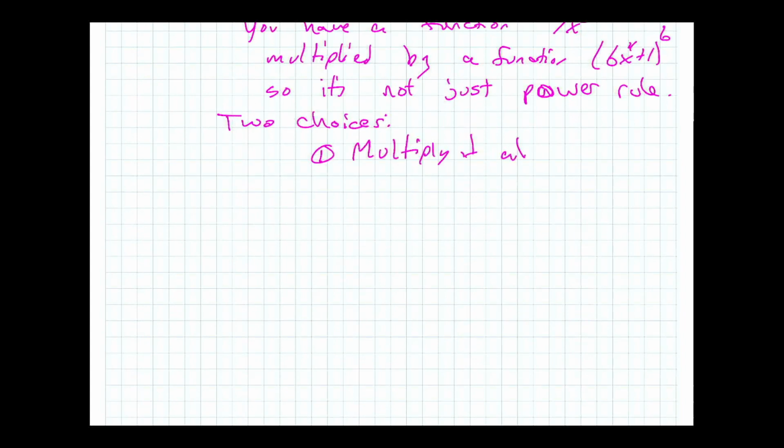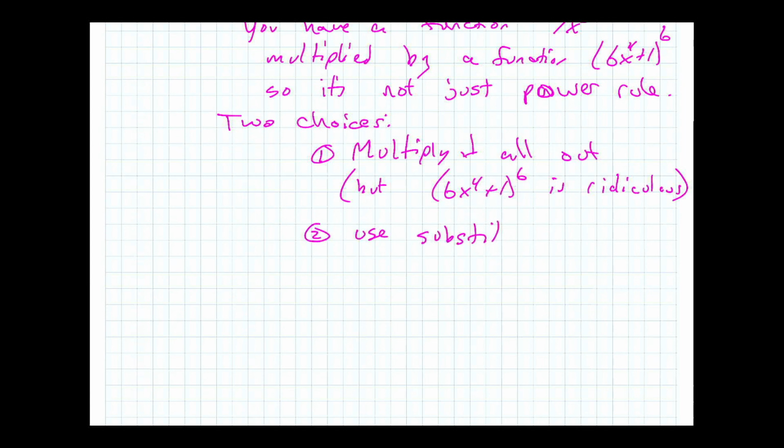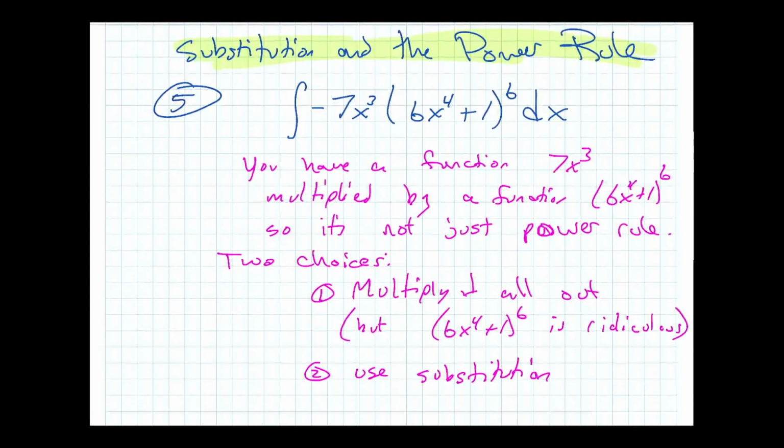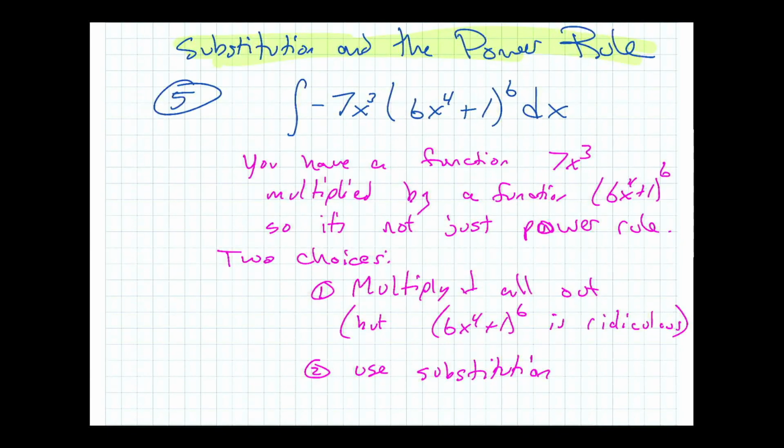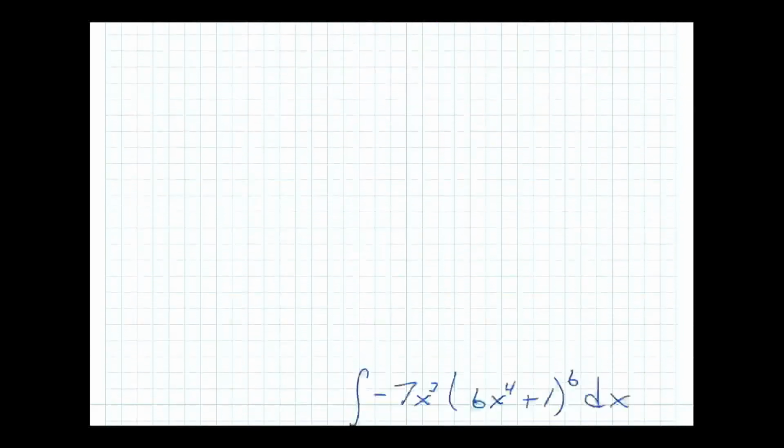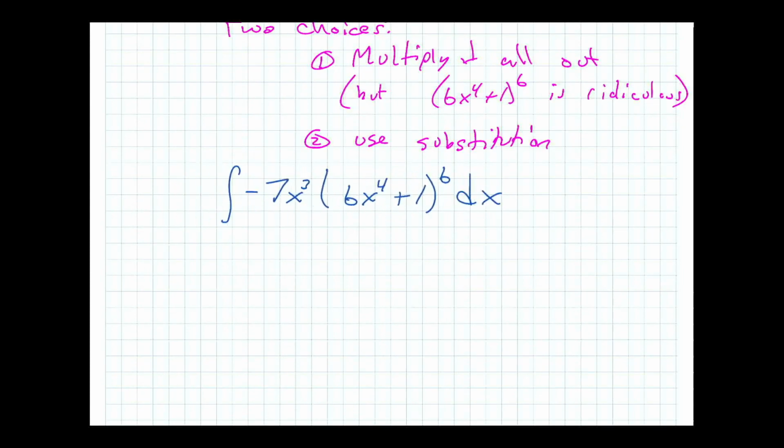Or two, use substitution. So of course, that's what we're going to do. They're careful to give you an integral where you would never do this with that first method. If you have bad instincts, don't do that.